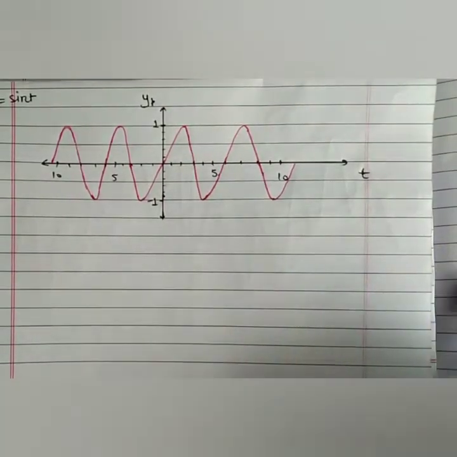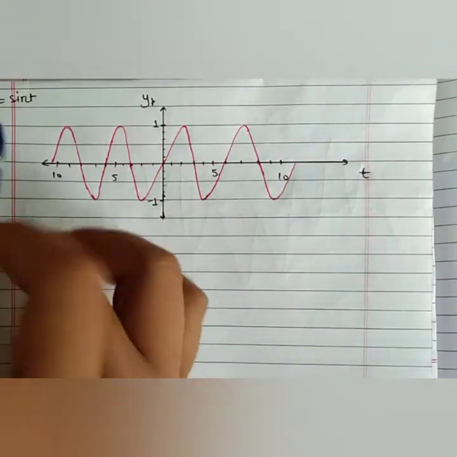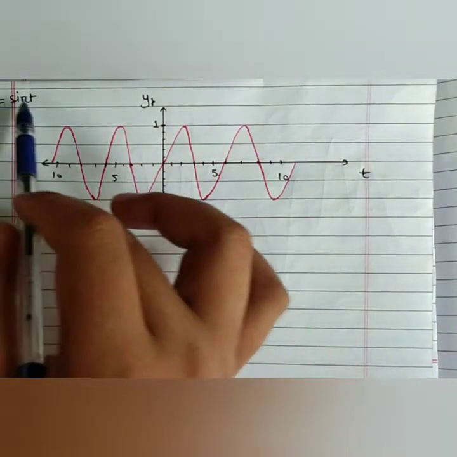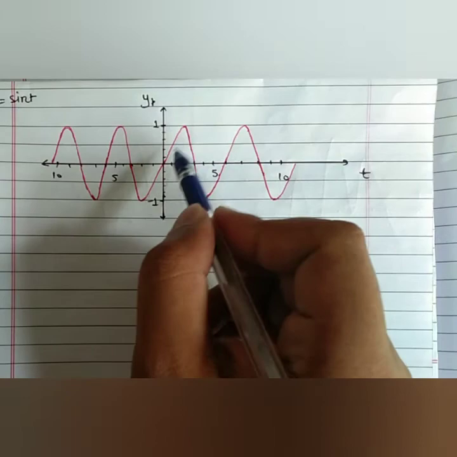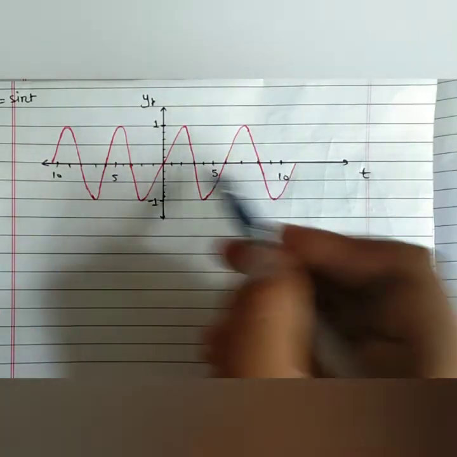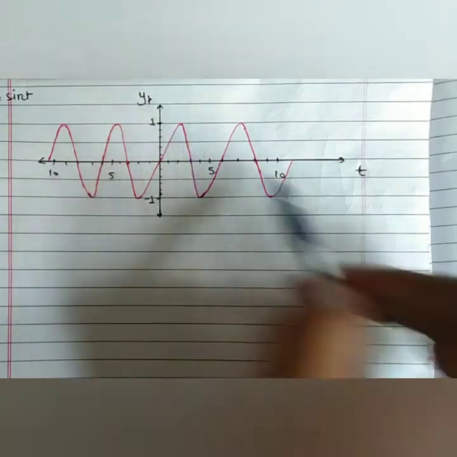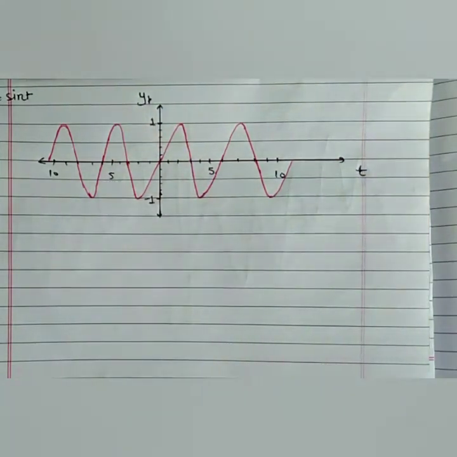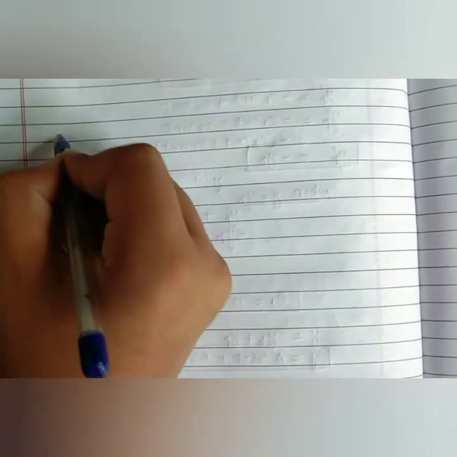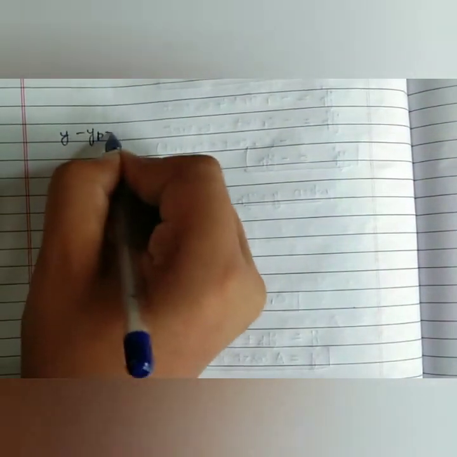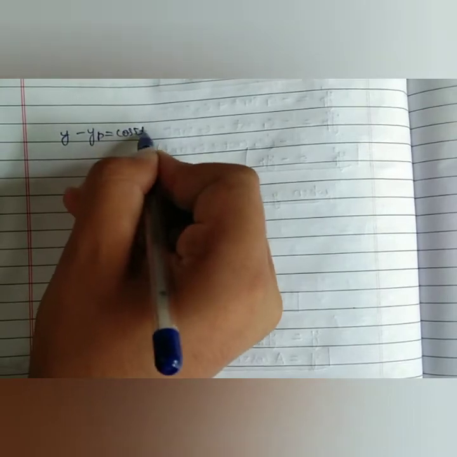I have also drawn the graph of yp, that is the particular solution, yp equals sin t. So this is the normal graph of sin t, where we have taken yp on the vertical axis and t on the horizontal axis. Now next we can draw the graph of y minus yp equals cos 5t. I have also drawn this graph.